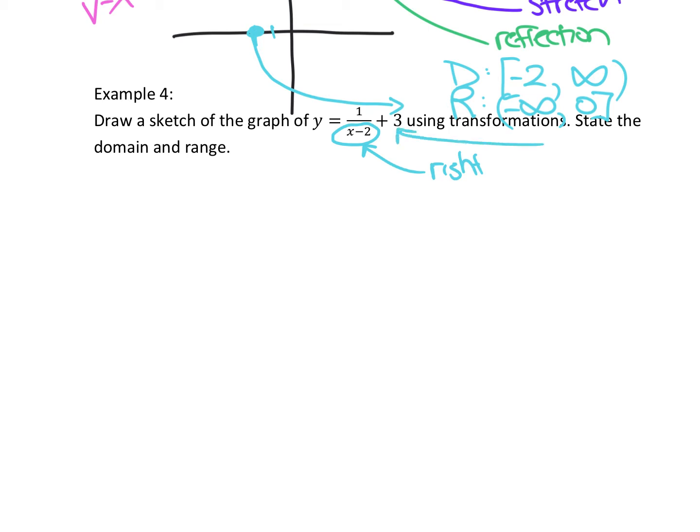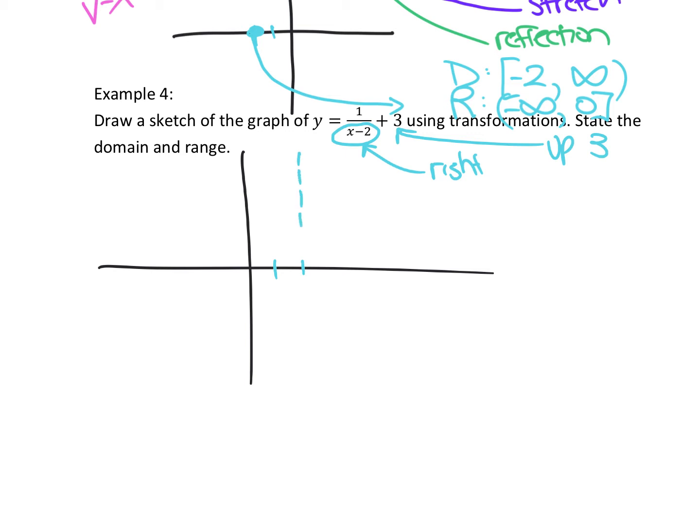So that's going to move it up 3. So when I graph a rational with transformations, I really just want to start with doing the asymptotes. I've moved my asymptote from 0 in the middle to right 2, and I've moved my asymptote here up 3.